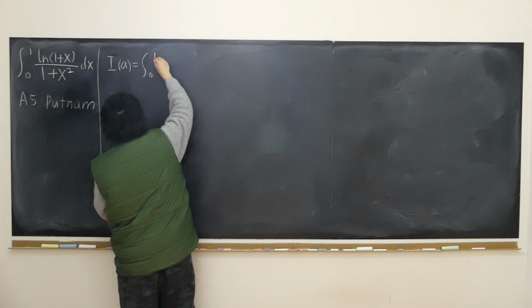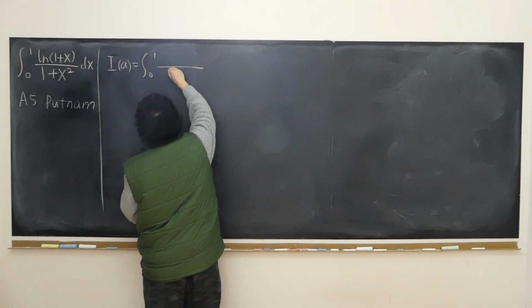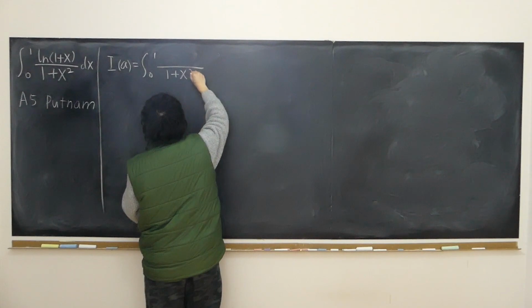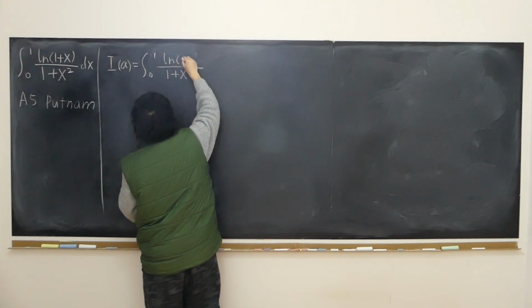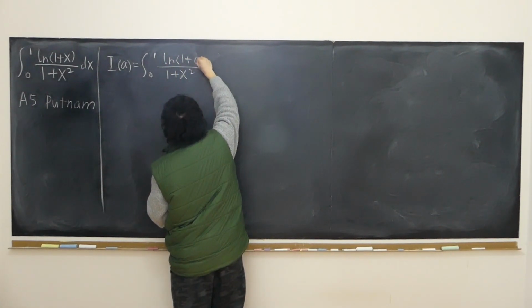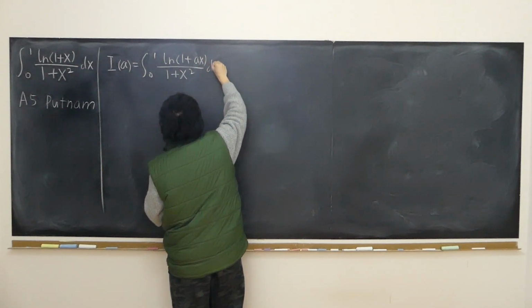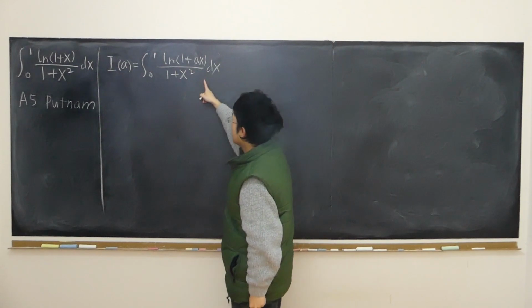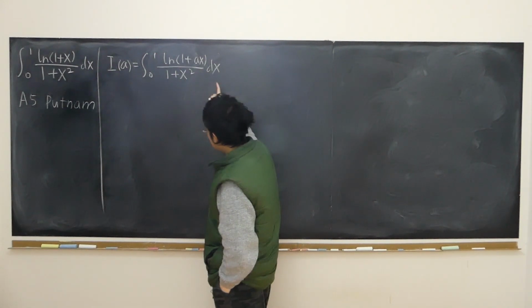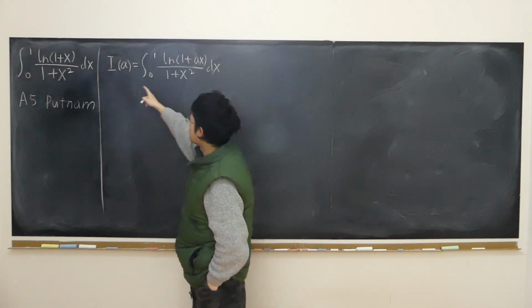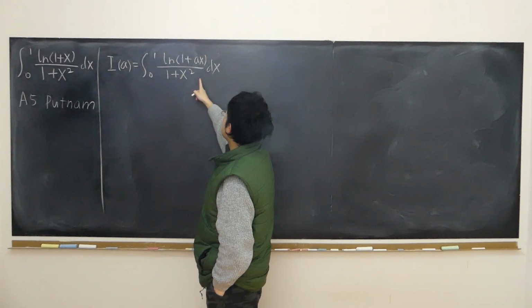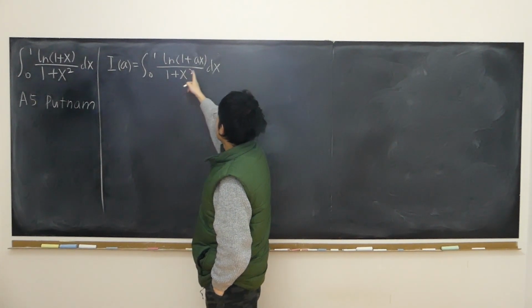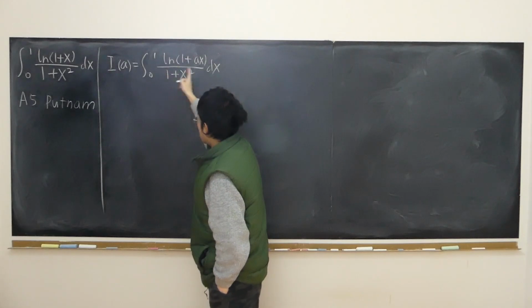the integral from 0 to 1 of log of 1 plus a x over 1 plus x squared. So as the value of a changes, the whole definite integral also changes. For example, if a is equal to 2, then we integrate this definite integral.